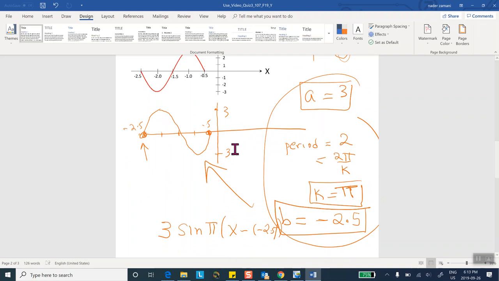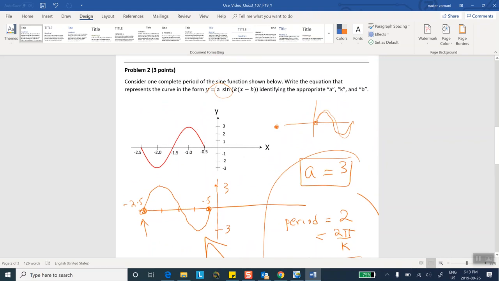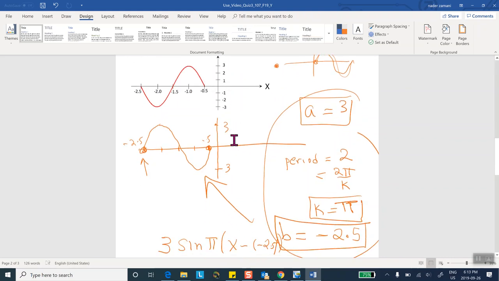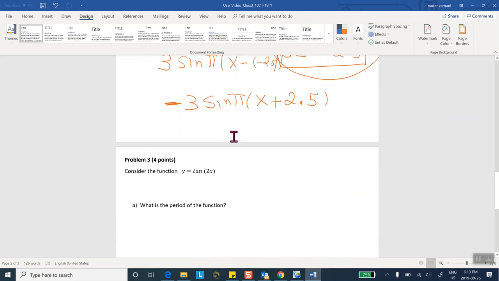Notice that here it's not asking you about amplitude. It says, what is A? It's not saying that A is the amplitude, because minus 3 is not the amplitude. The absolute value of minus 3 is the amplitude. Okay, fine. So that takes care of this.